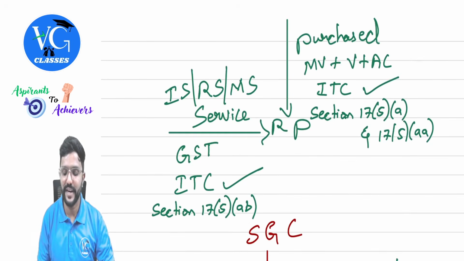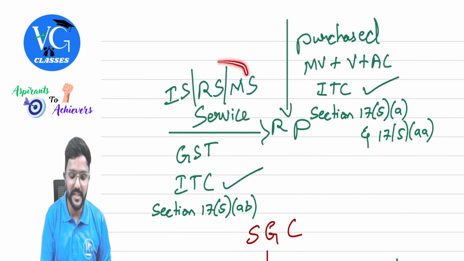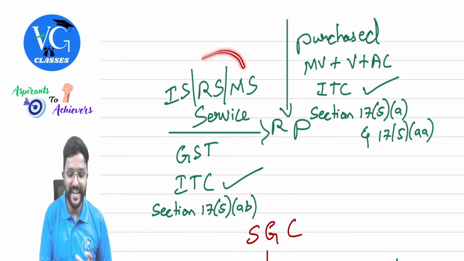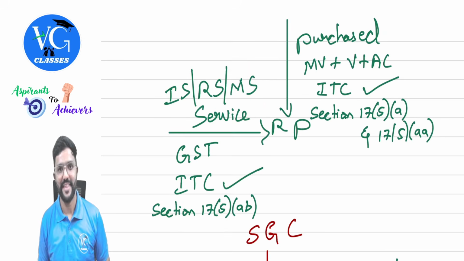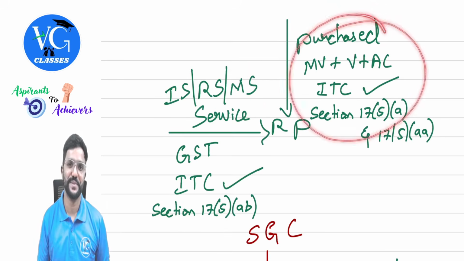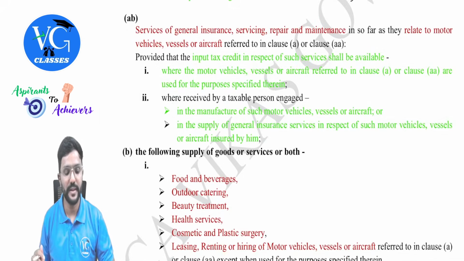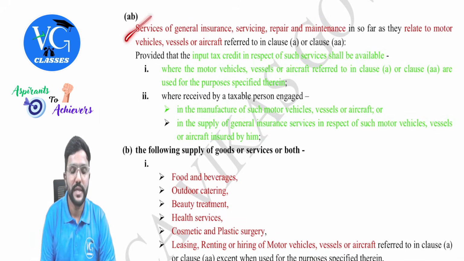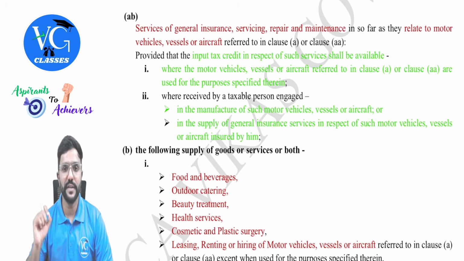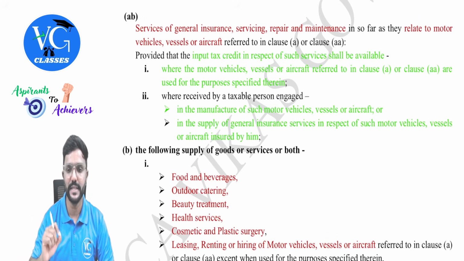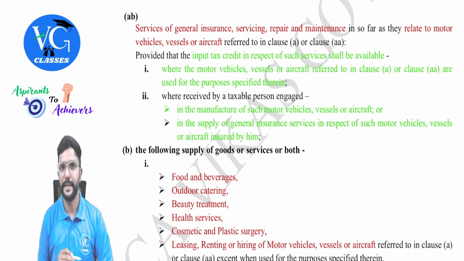Sir, on purchase, if credit is available, then on the services also, is credit available? Yes. So credit on the services depends on the credit on purchases. Hope you got it. Fine. Let me read it. Services of general insurance, servicing, repair and maintenance insofar as they relate to motor vehicles, vessels and aircraft referred to in clause A or AA.